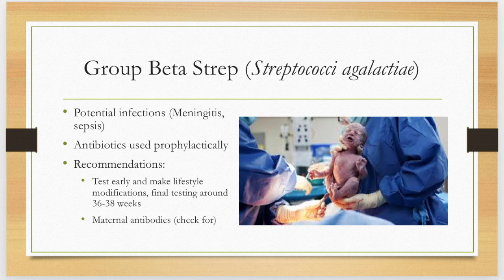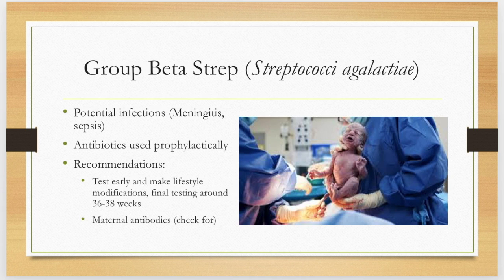So to combat developing antibiotic-resistant strains of group beta strep, I would suggest that instead of using this protocol for everyone, we test early. And if someone comes up positive for GBS, then we can try to make lifestyle modifications like dietary changes that would get the microbiome of the individual looking more healthy, and you'd have more beneficial bacteria.